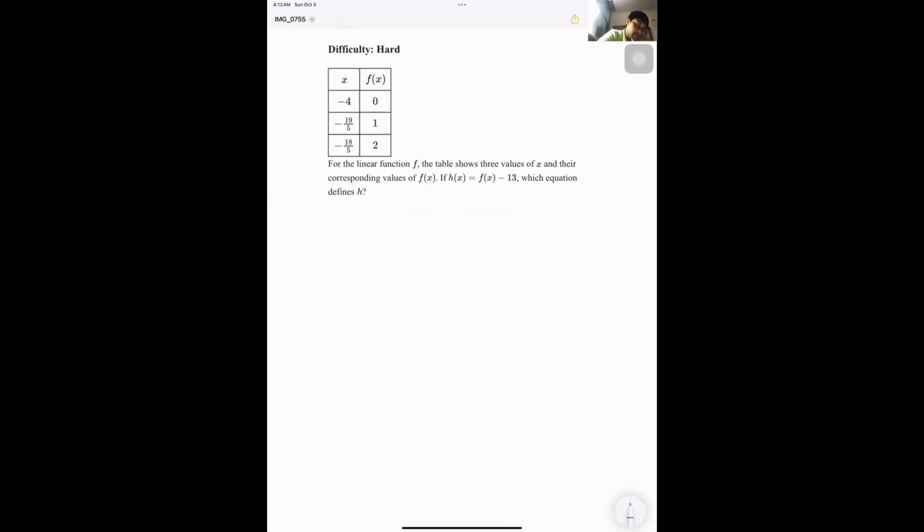Next question. For the linear function f, the table shows 3 values of x and their corresponding values of f(x). If h(x) is equal to f(x) minus 13, which equation defines h? First let's find the f(x) equation.